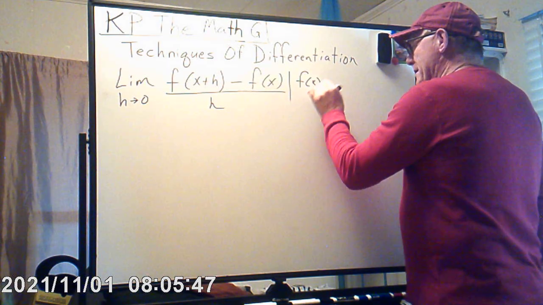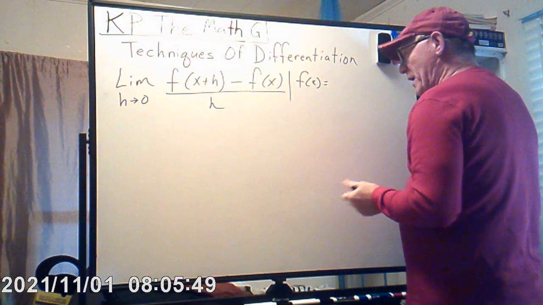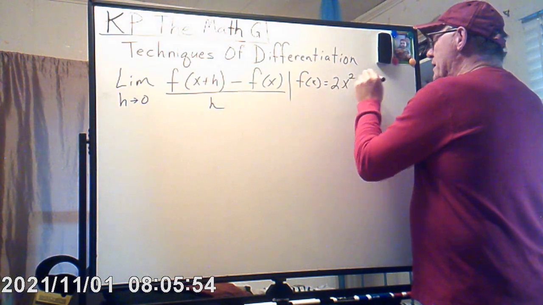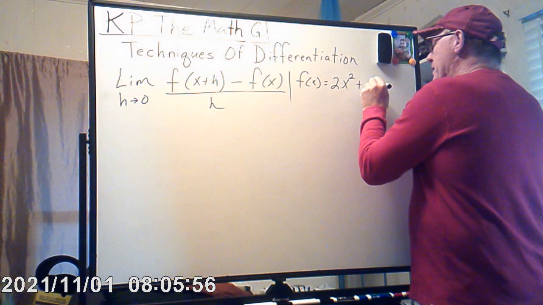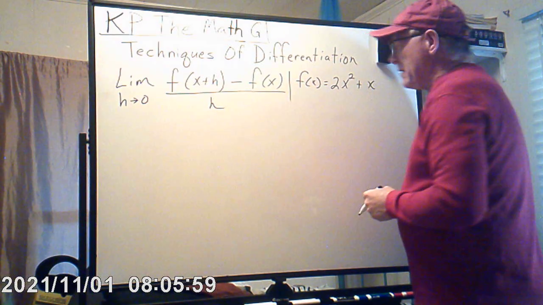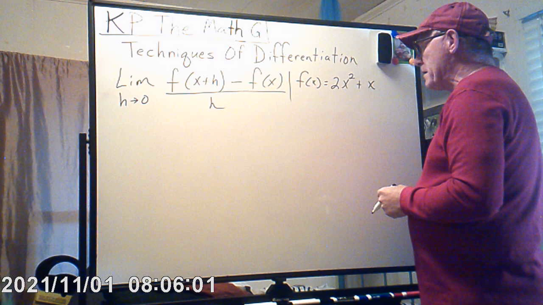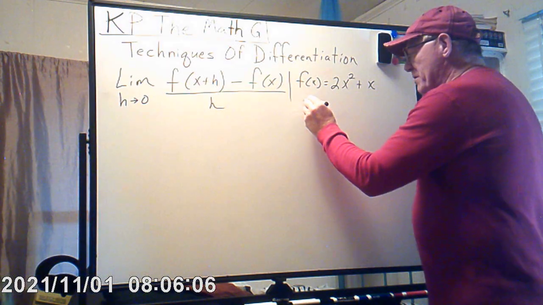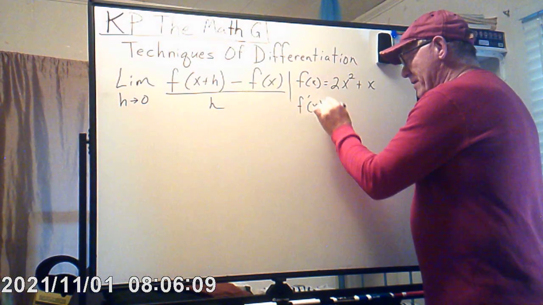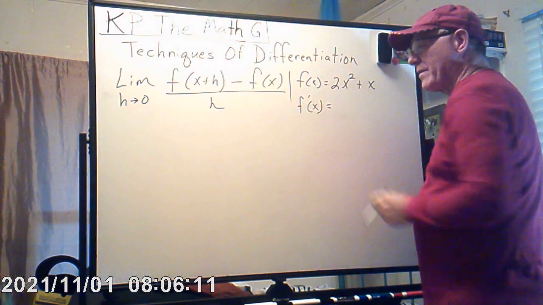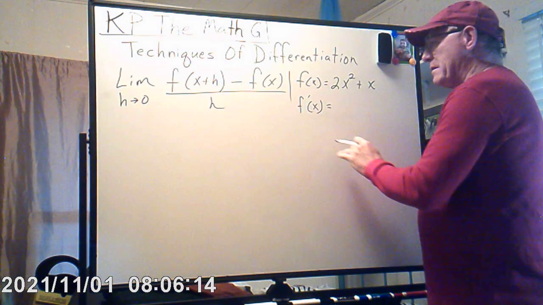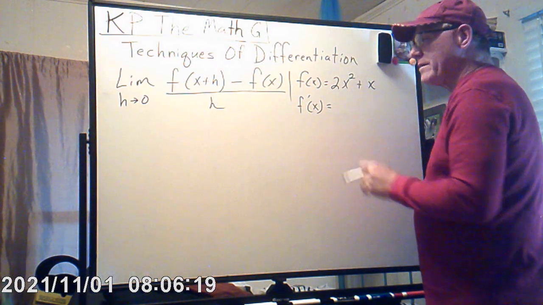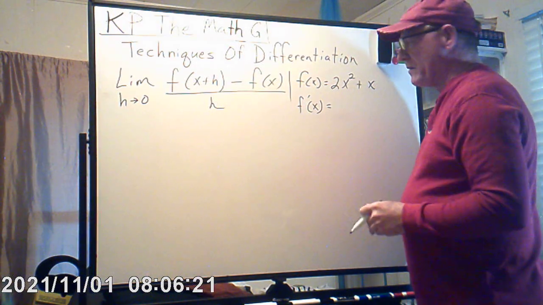So f at x is equal to something fairly simple, 2x squared plus x. How about that? And we're going to find the derivative. What we want to do is find f prime at x. That means derivative right there. What's the derivative? Well, we're going to use this to find it first, and then we're going to find it the short way. So let's go ahead and get started.